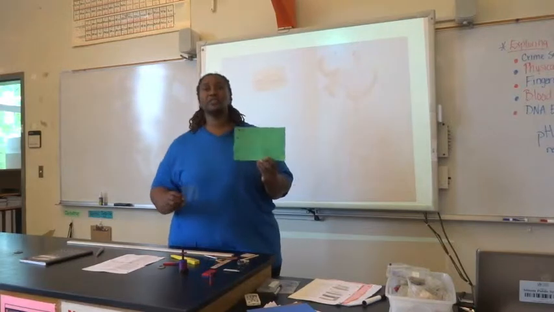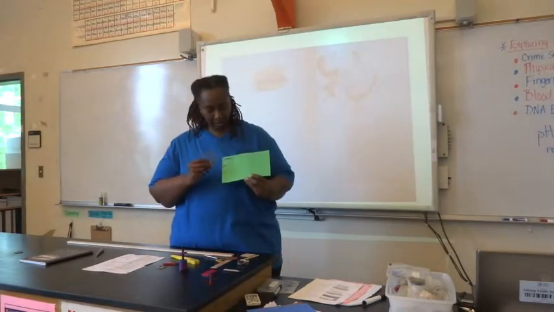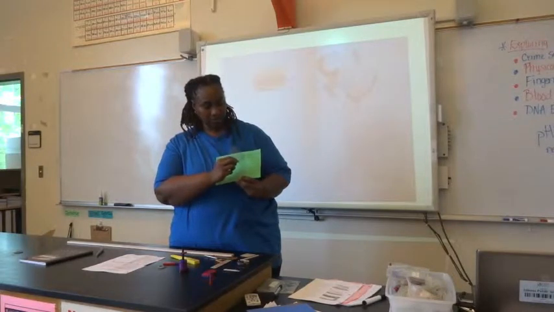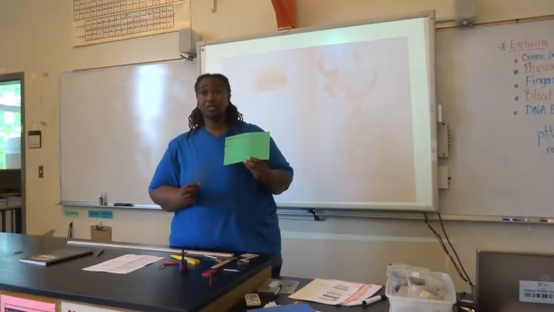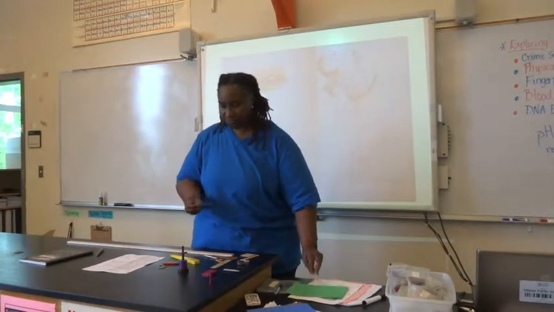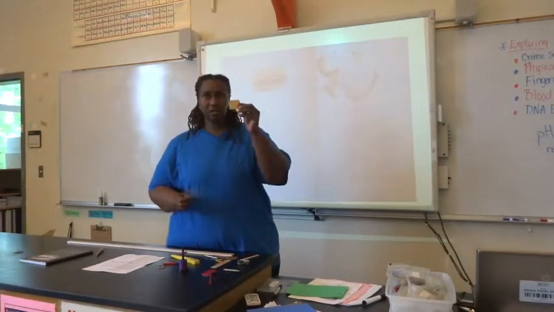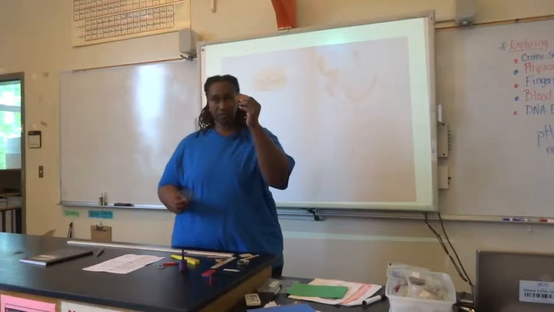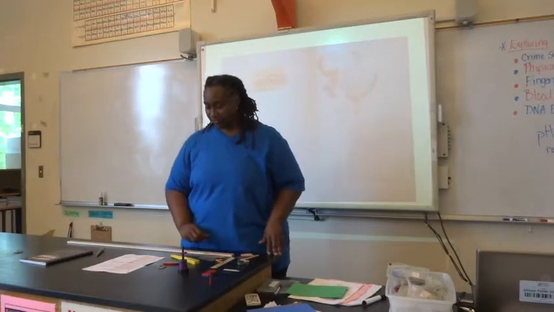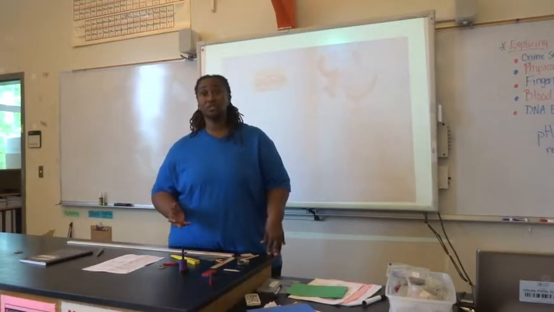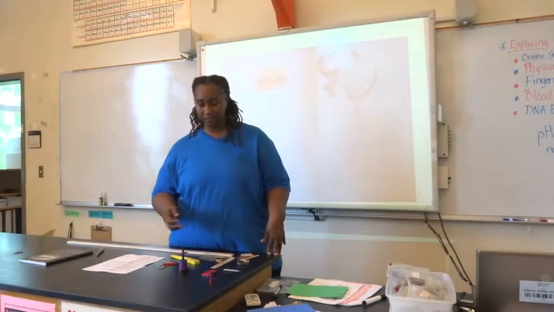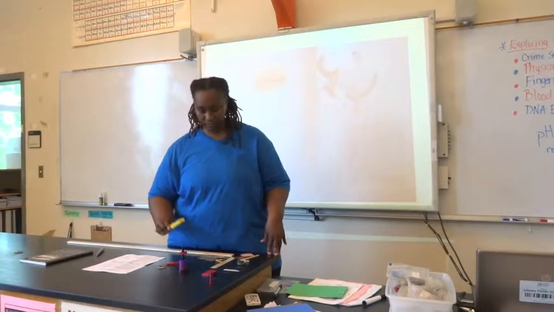This is the information they can write down in their journals: items to be tested, their prediction, whether or not they're attracted or not attracted to the magnet. So I have a wire screen, cardboard box, aluminum nail, copper square, and all they will have to do is first make their prediction whether or not they think the magnet will attract or not attract that object, and then test the object.